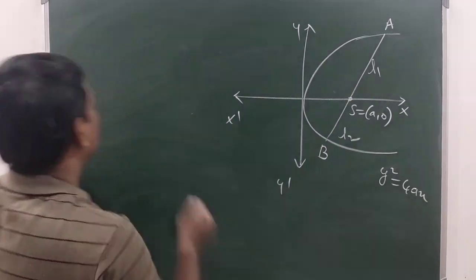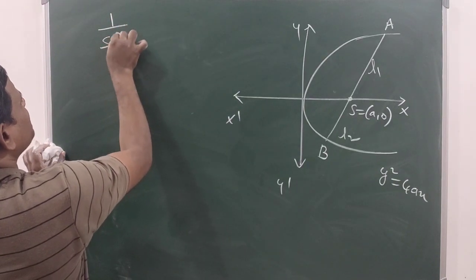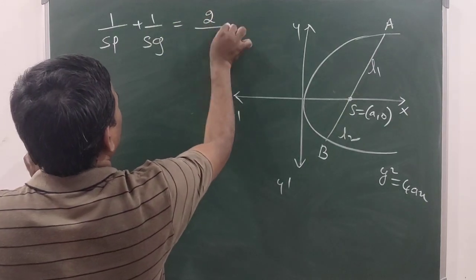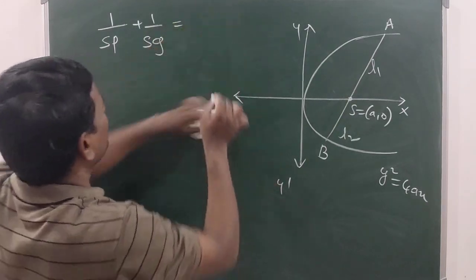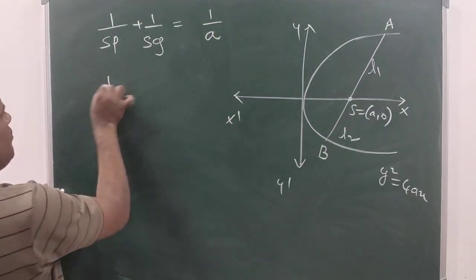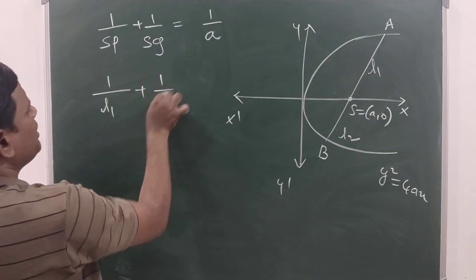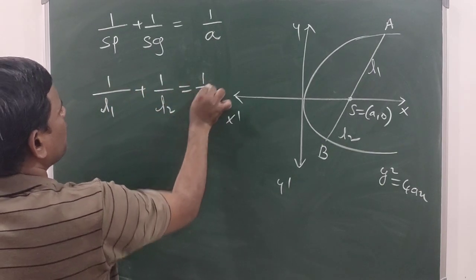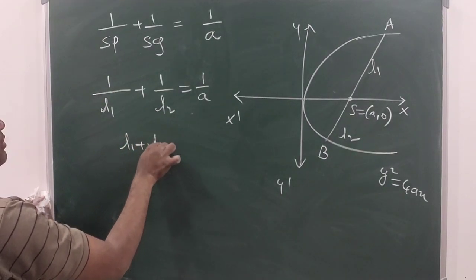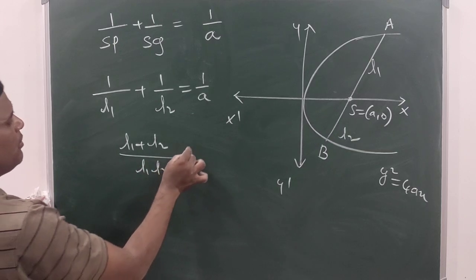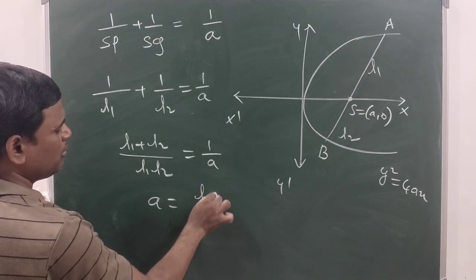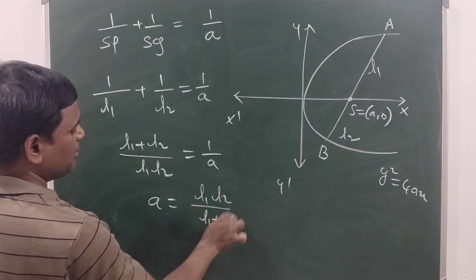Just now I said to you, 1 by SP plus 1 by SQ is equal to 2 by 2A, otherwise 1 by A. Now use this relation. 1 by L1 plus 1 by L2 is equal to 1 by A. Now simplify, take cross multiplication so that you will get L1 plus L2 by L1 L2 is equal to 1 by A. Now reciprocal on both sides so that you will get A is equal to L1 L2 by L1 plus L2.